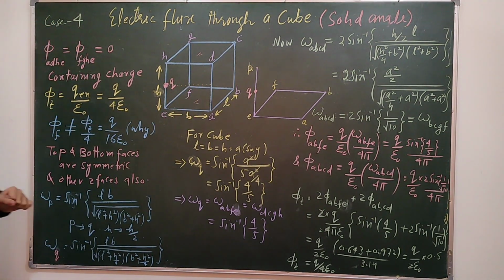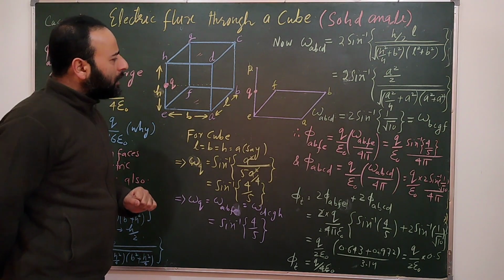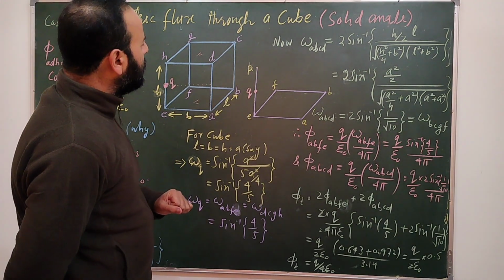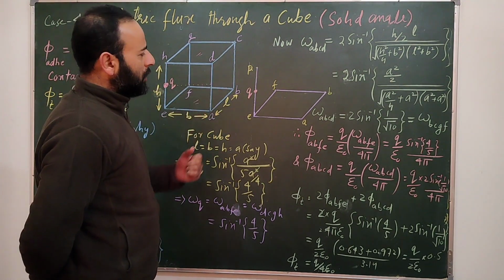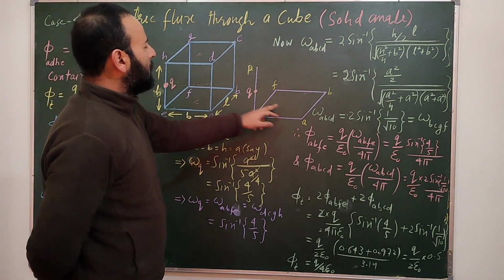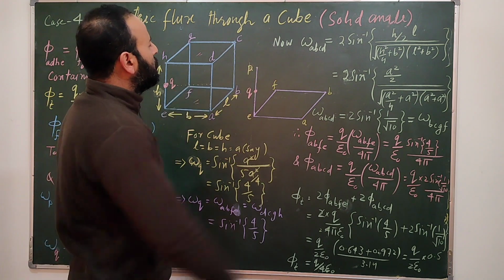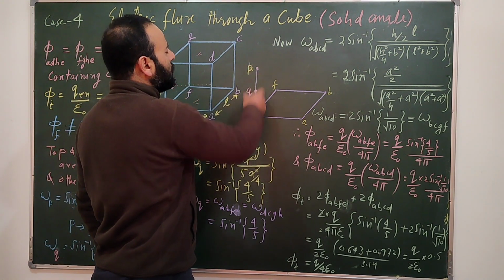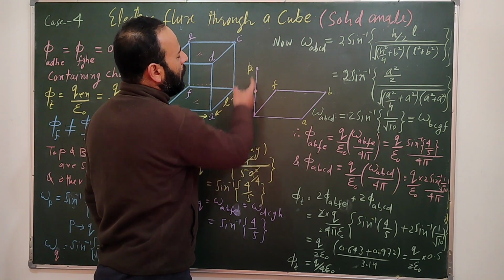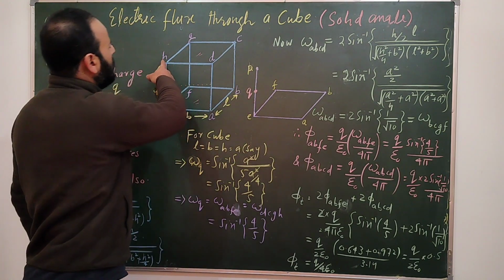So for that case, I have to first calculate what is the solid angle subtended by the charge with respect to this face and then with respect to this face. I have taken this face separately. Now let me see first what is the solid angle subtended at a distance h from one of the corners, that is at this point.